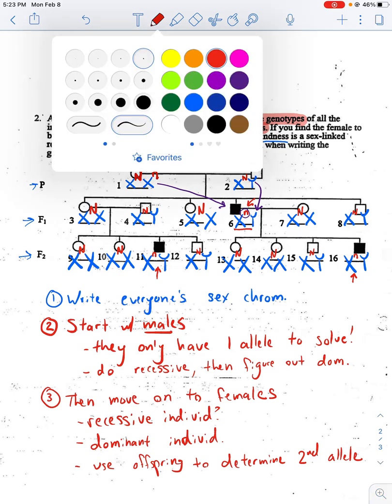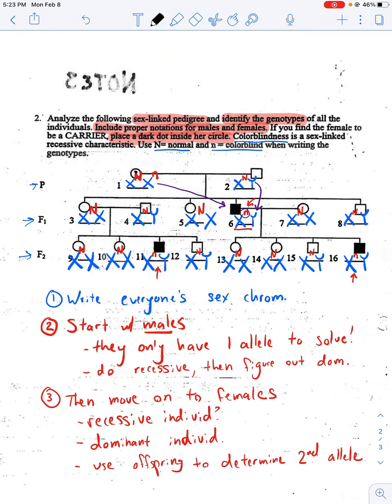Now they also said they wanted us to put a dot inside her circle, so I'm going to do that. That kind of signifies that she's a carrier. And then we're going to move on and see if we can figure out any other second alleles. Number 3 also has a son who's colorblind. Number 11, similar situation.